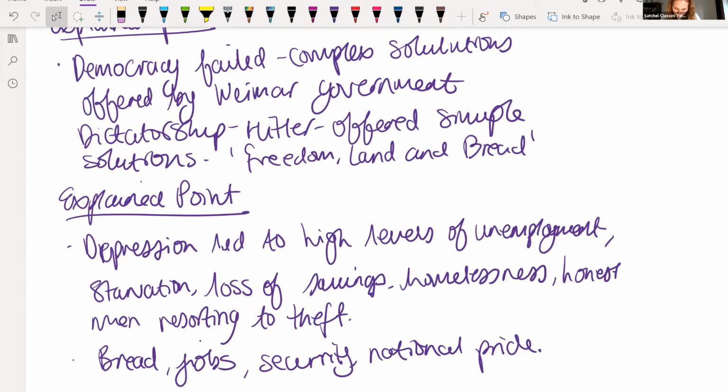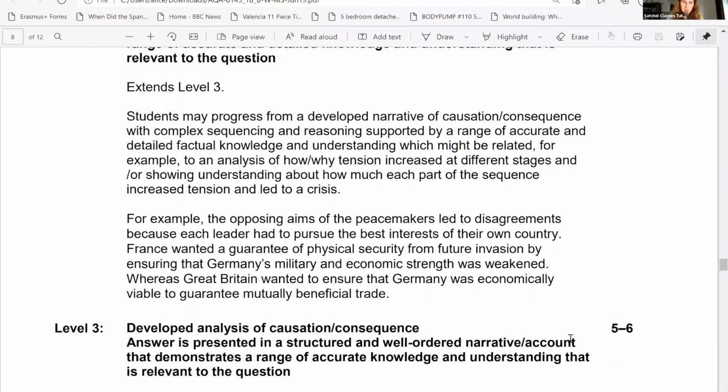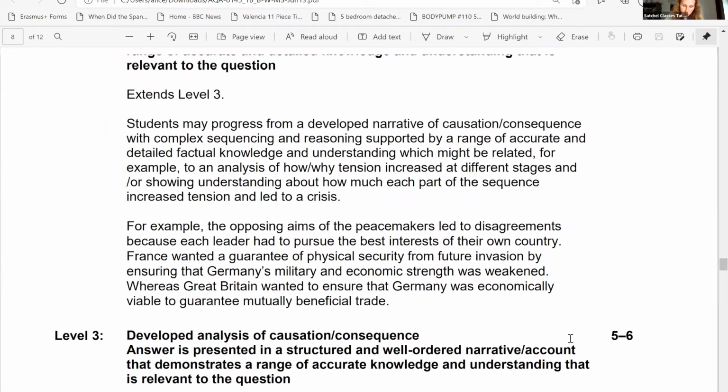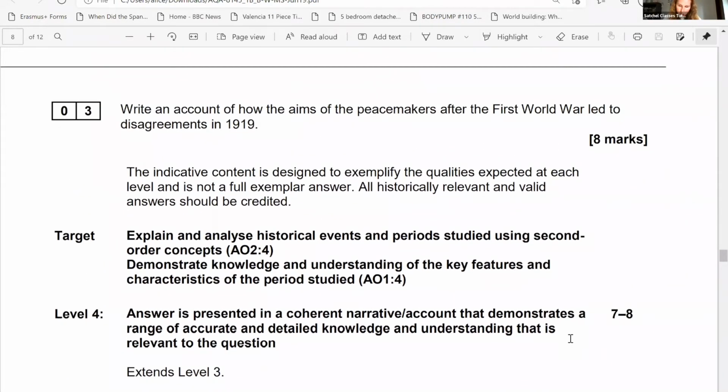Okay, so I'm just going to show you then the mark scheme for this question. Okay, so this is from a different question. This is from the June 2019 question, which was about the Treaty of Versailles.